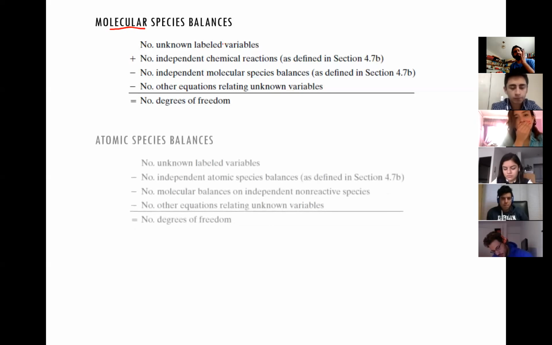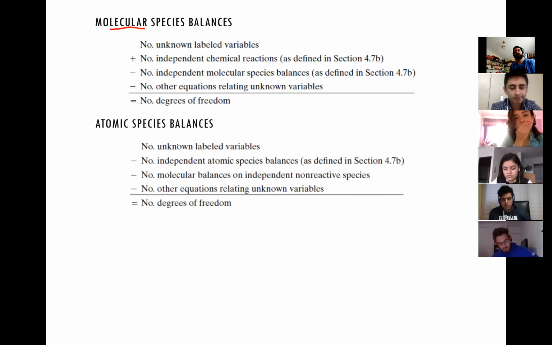Okay, so if we do atomic species balances, we have, again, the number of unknown variables first. Then we subtract the number of independent atomic species balances, so the atoms that make up the matter, let's say carbon, hydrogen, oxygen, right? The different species. And then we subtract the number of molecular balances of independent non-reactive species.